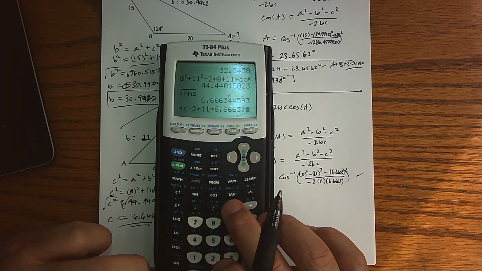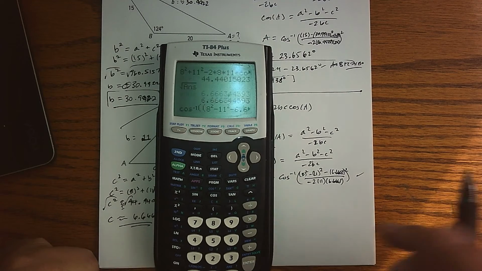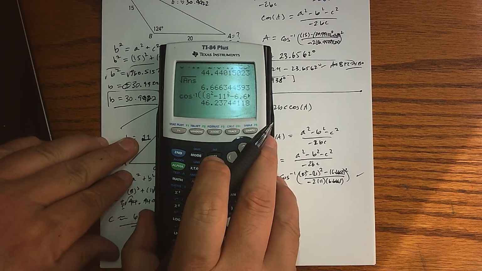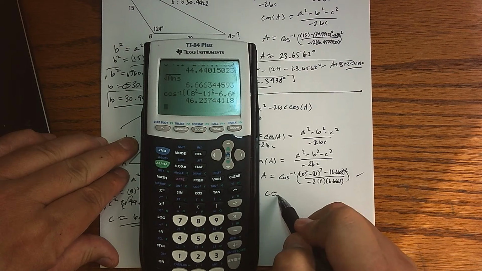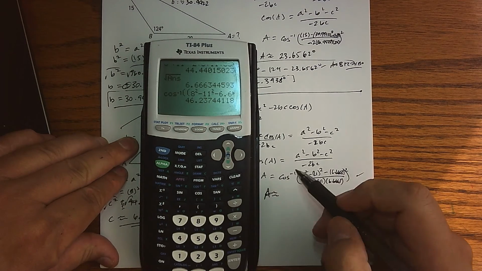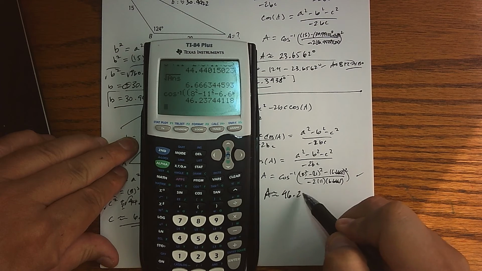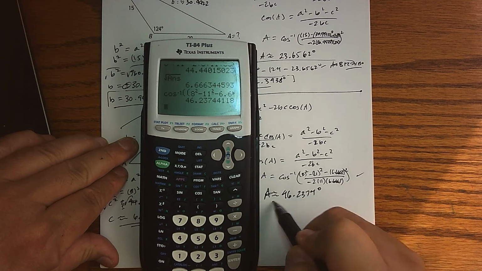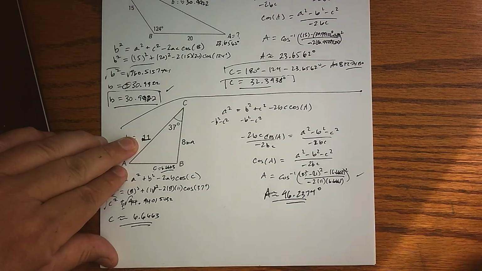Close your parentheses, close them one more time for the inverse cosine, and we get our answer. So it looks like in this case angle A is roughly 46.2374 degrees. All right, and so we're almost done.